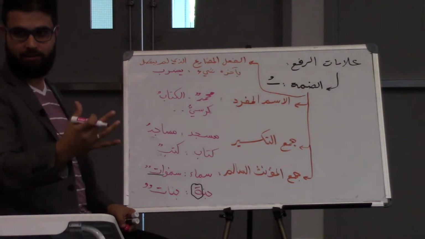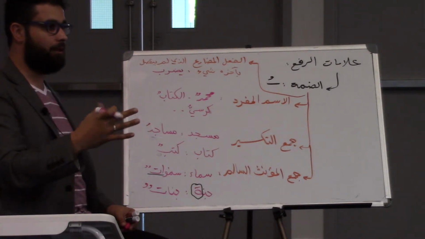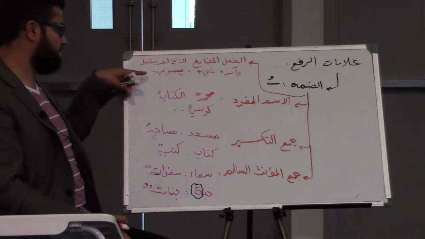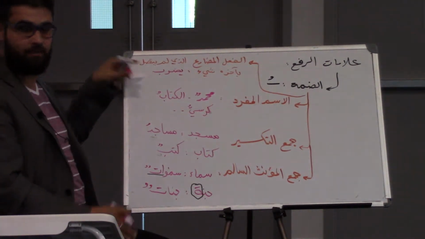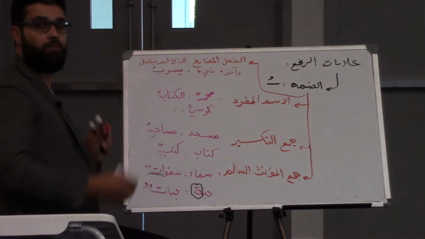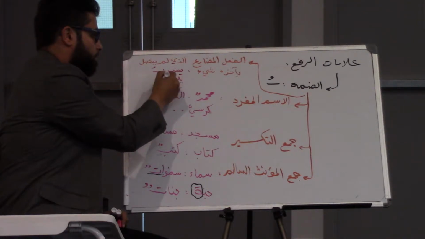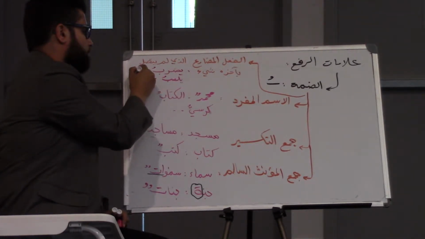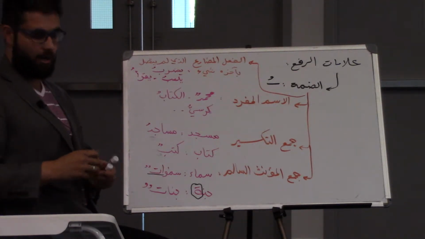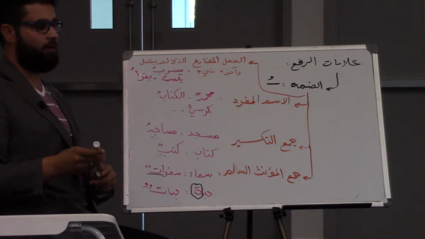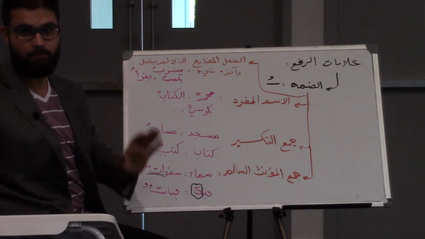See, that's something at the end of it. Or yadriba, or yadribu, or yadribna. So none of that. It's just the final letter, the last letter. So a present tense verb like this gets dhamma. Yal'ab, yaqra. So the marker of rafi' for a present tense verb that has nothing attached to the end of it is a dhamma.